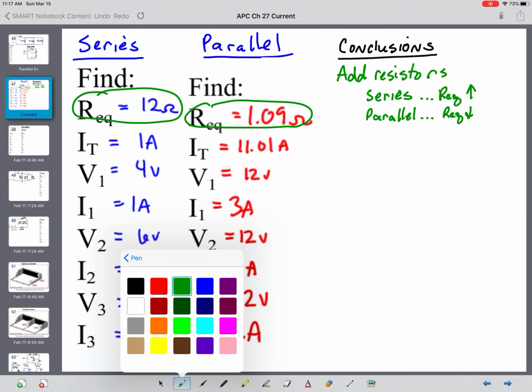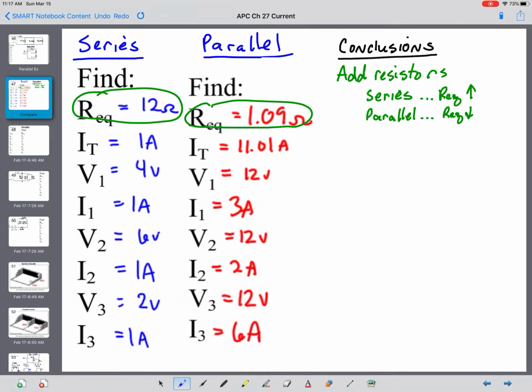Following directly from that then, your current in series, if you have a higher equivalent resistance, then you're going to have a lower total current. And remember that current then in a pure series is constant. So everything gets less current when you're in series.